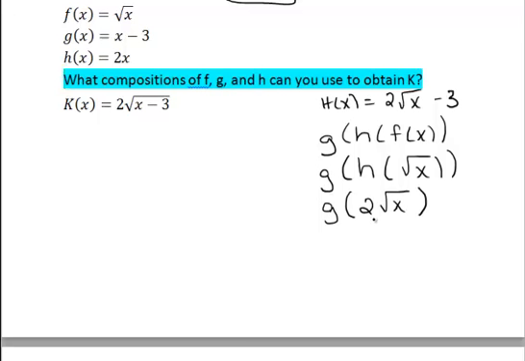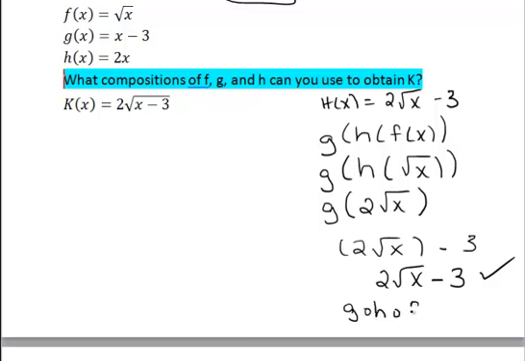And then g of 2 square root of x means we replace this x with 2 square root of x. So we get 2 square root of x minus 3. That's all we want. So our composition is g of h of f.